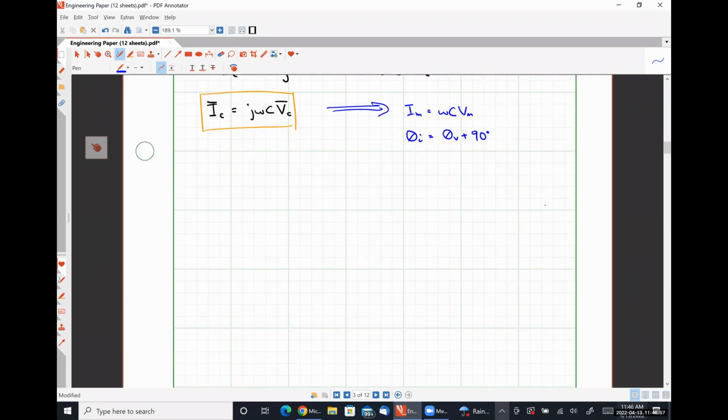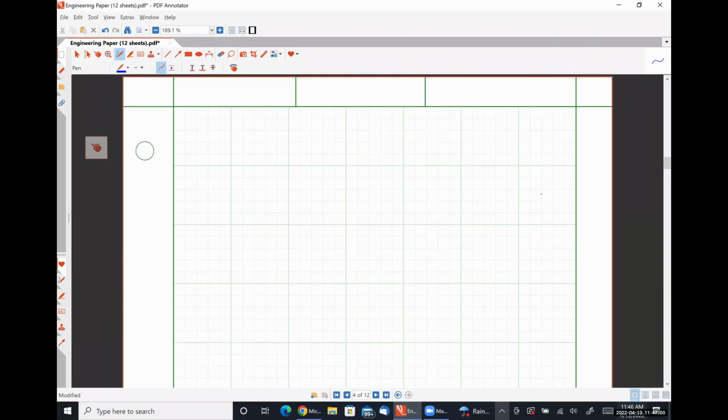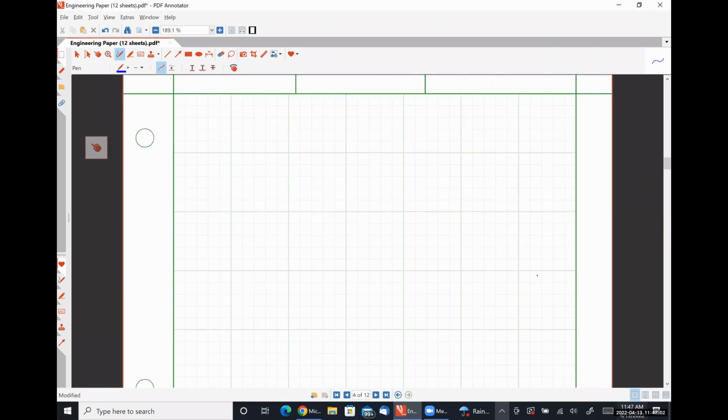All right. Our last miniature topic for the day then is the concept of impedance.